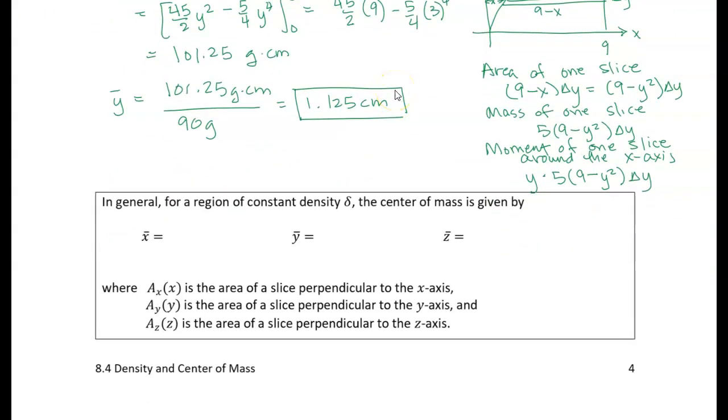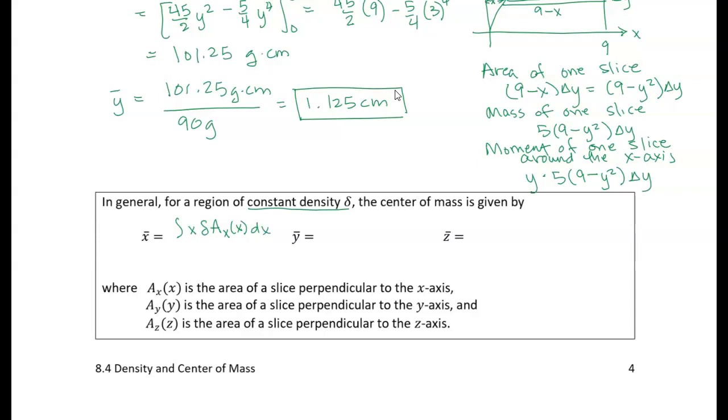In general, for a region of constant density, some value delta, the center of mass is given by the integral of x times the density, which is just a constant, times A of x, the function that represents the area of one slice perpendicular to the x-axis, dx.